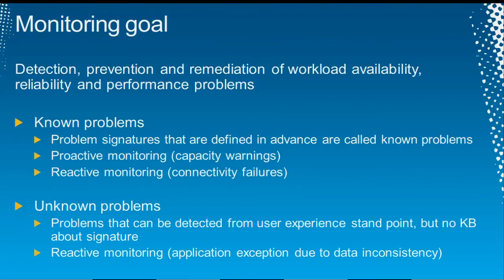Okay? On the other hand, an unknown problem is something that you did not anticipate. For example, failures due to data inconsistency. In the 32-bit world, when we had 4 gig, or even less, 2 gig, or even less, 1.3 gig per .NET process, I've seen that even with garbage collected applications, the garbage collector was not fast enough to clean up the memory, and we were running out of memory.